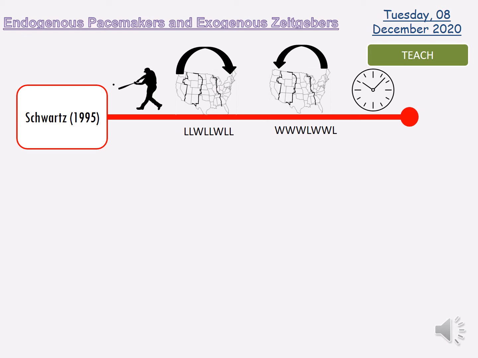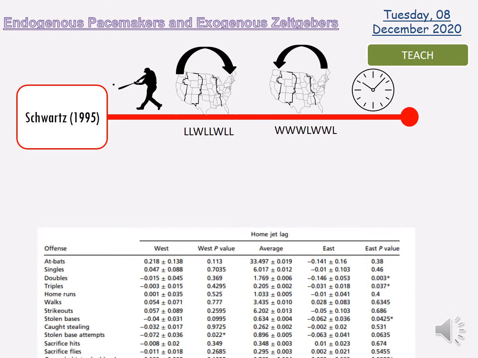And what he found was that when baseball teams were flying from the west of the United States to the east, in comparison to from the east to the west, they were getting a different win-loss record, where in terms of their form, they were losing more times when they were travelling from west to east. And what this means is they were flying against the clock, so were arriving jet-lagged.